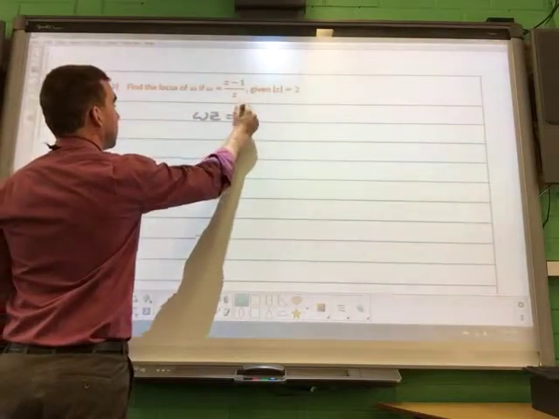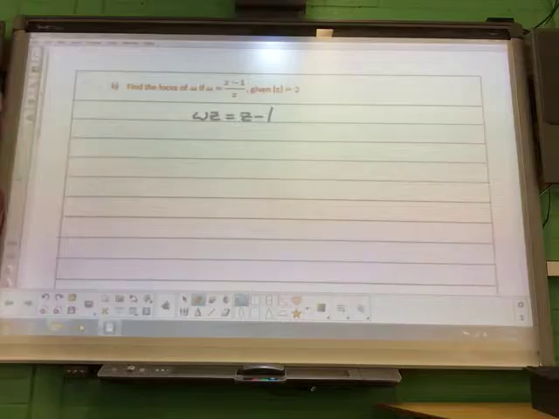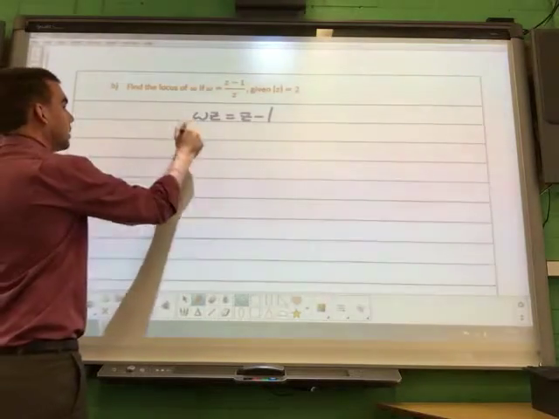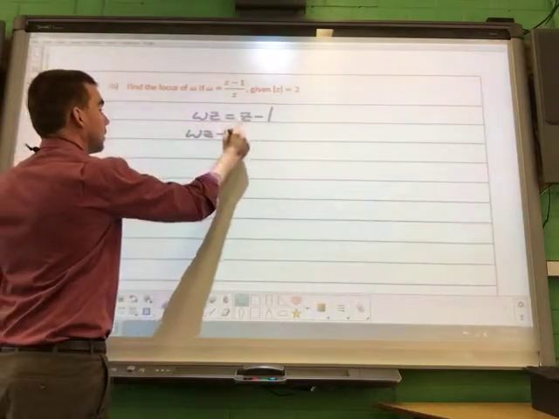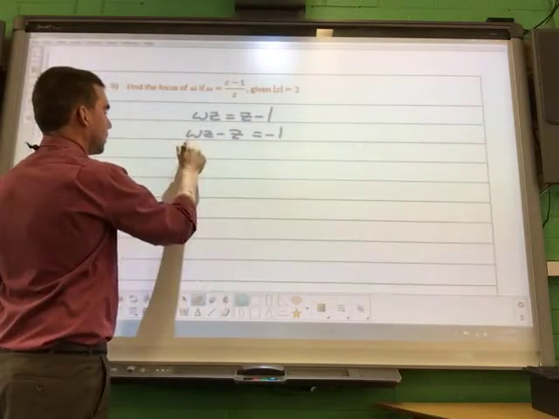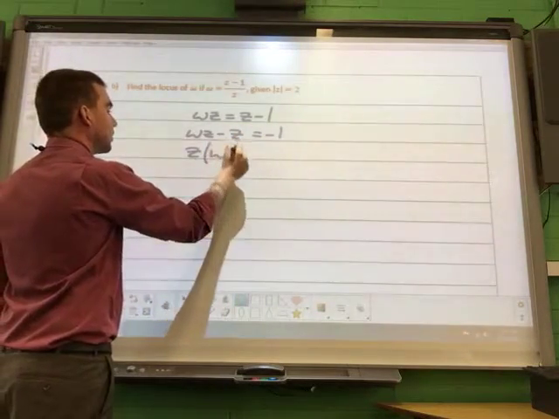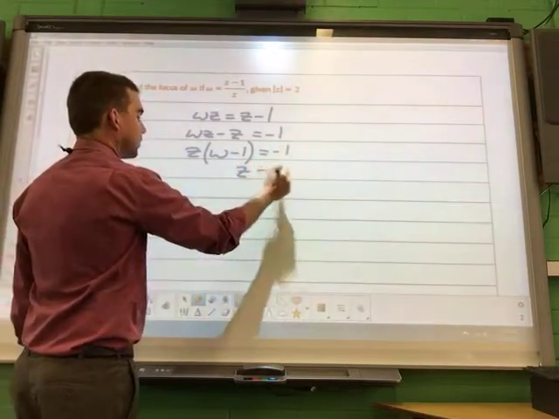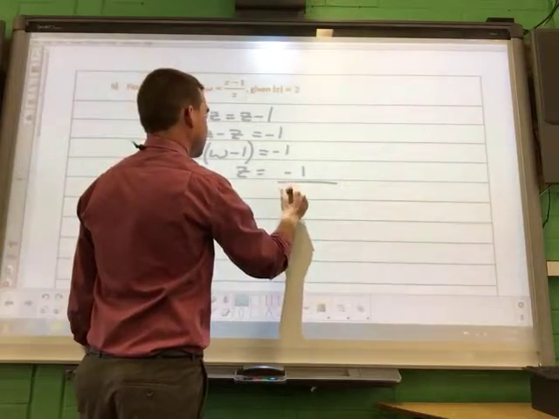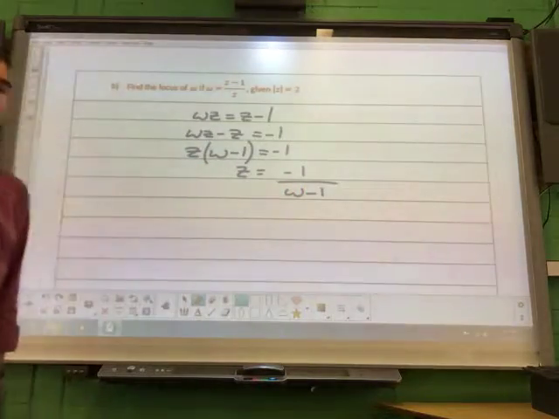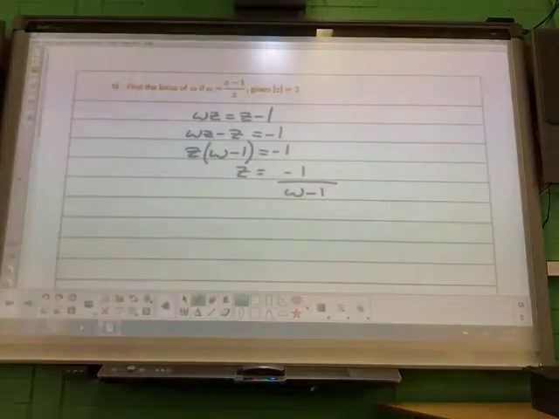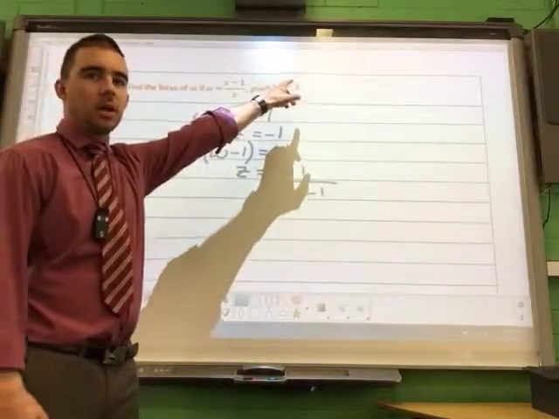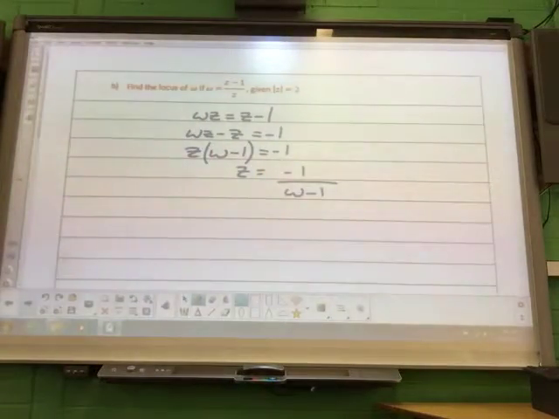So omega z is equal to z take away 1. So I've got z as the subject there, and the reason I need z as the subject is because I am given a condition for z. I've been told that the modulus of z is 2.